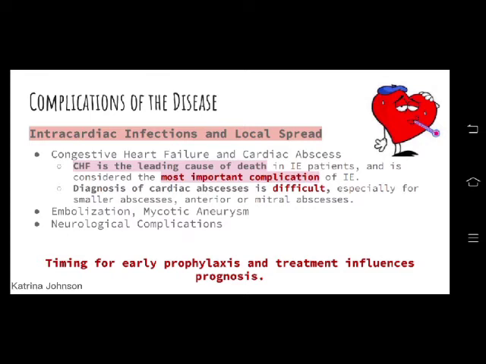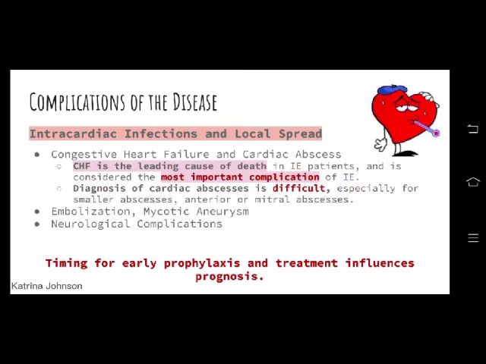Congestive heart failure is the leading cause of death among complications in infective endocarditis patients. It's considered the most important complication because it has the greatest impact on the prognosis of our patient.